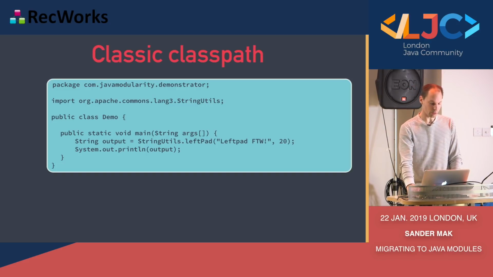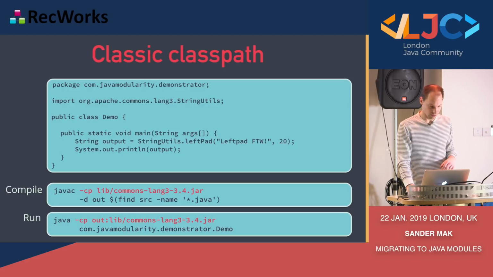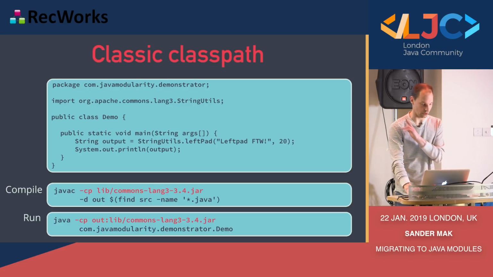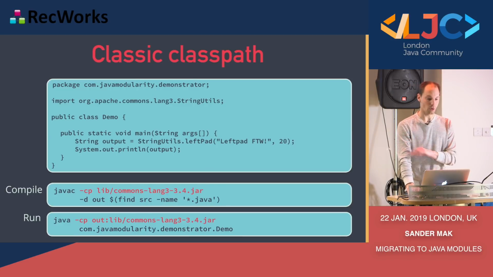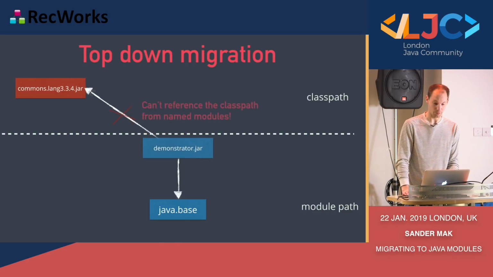And what we want to do is we want to modularize this demonstrator application. We want to turn this demonstrator jar into a module. And well, now we just compile this on the class path, right? We put the commons lang jar on the class path, we compile our class and we run it. This is the old situation, but we want this demonstrator jar to become a module.